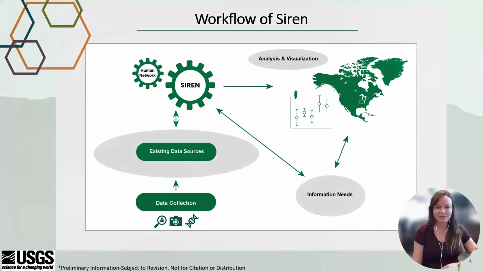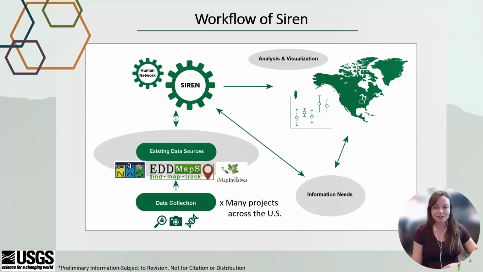And so to dive a bit into the workflow of SYREN, starting at the bottom left with data collection, we know that there are multiple projects ongoing across the US that collect data on invasive species. And then the data from these projects likely gets either saved to a local database or shared with a more popular data source like the Non-Indigenous Aquatic Species Database, or NAS, EDDMapS, or iMapInvasives, which are a few popular examples here in the US.